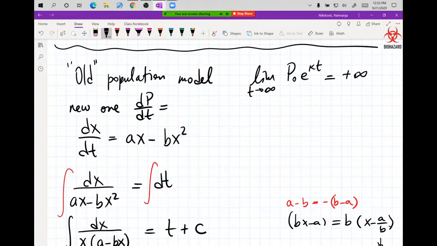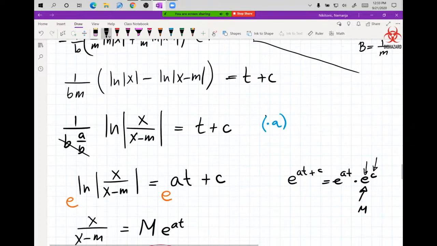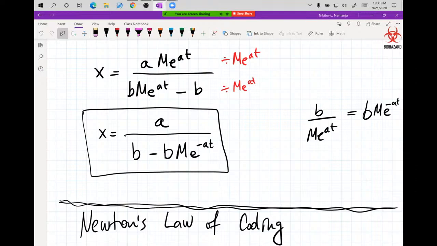Here is the same equation from before. It's just that now we have p's instead of x, which means that when you go through this calculation all the way to the bottom, you are going to get your logistic equation, which has a, b, and then x. That x is going to be population, so p of t. And I mean, we already did this.